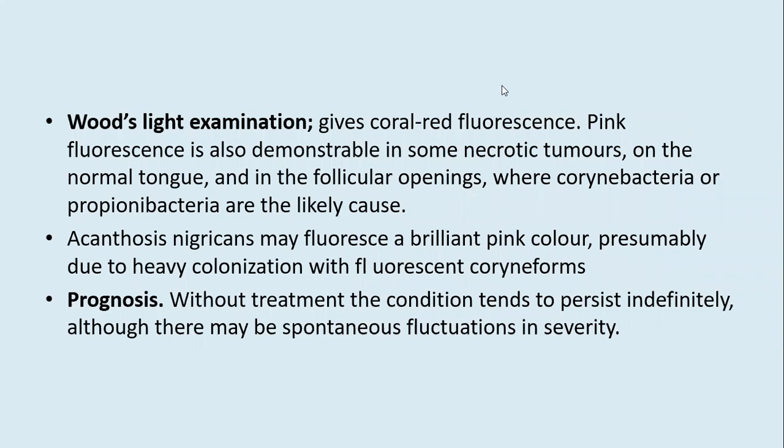Wood's light examination gives a coral-red fluorescence. Pink fluorescence is also demonstrated in some necrotic tumors and on the normal tongue. So whenever in doubt, ask the patient to protrude the tongue to see what color you should expect from the lesions in the axilla or the groin.